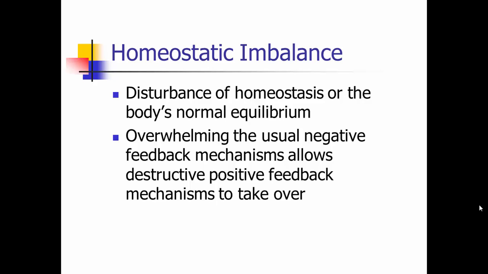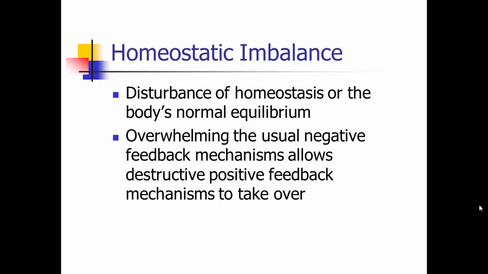Now, if there is some sort of homeostatic imbalance, meaning that your body cannot control whatever that change is and cannot reverse what is happening in the body, sometimes your body will go into a destructive positive feedback loop.